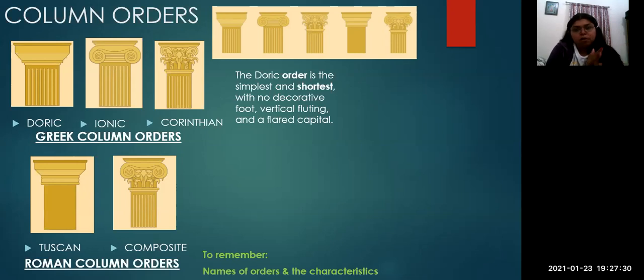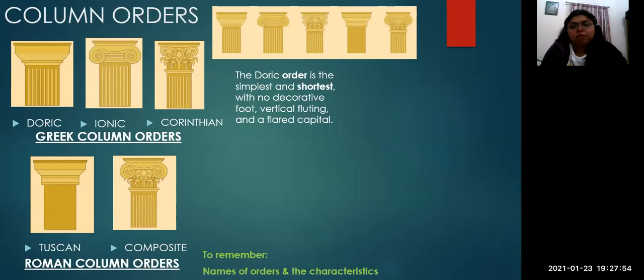In the exam, you won't have visual aids to help you. It will just be in text. So I'm putting these presentations so that you can remember what they look like.